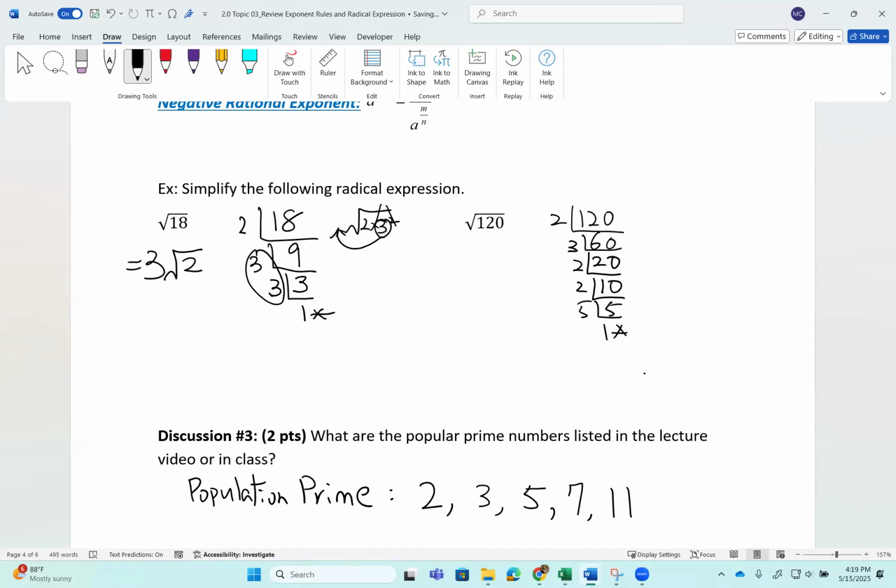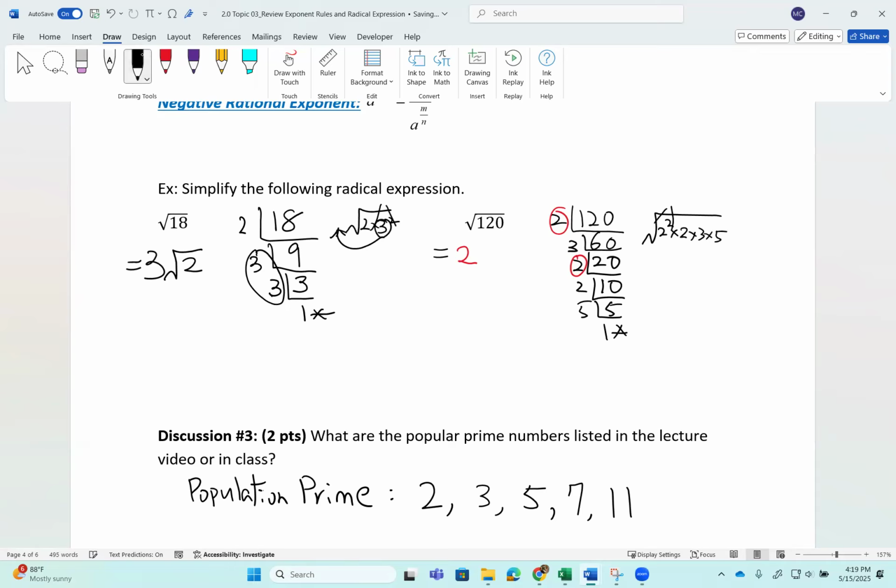So in order to go outside of the square root, I'm looking for two of the same numbers. So these two 2s will go outside as one 2. And nobody else can go outside. So the 3, the 2, and the 5 stay inside. When they stay inside, they're technically being multiplied. Because what I'm not writing down is 2 squared times 2 times 3 times 5.